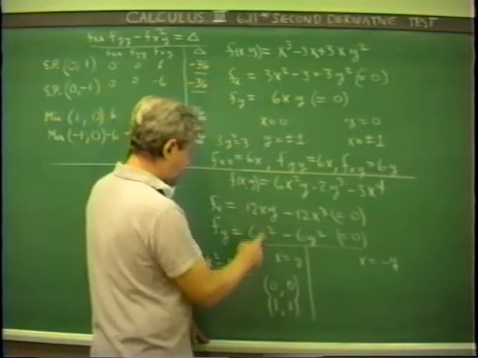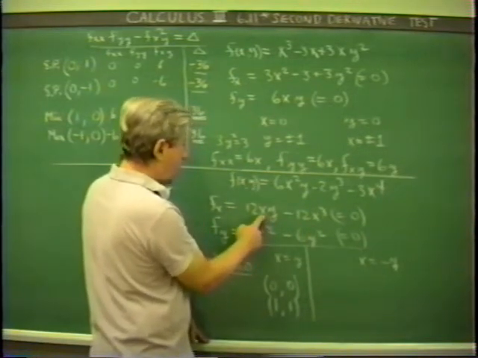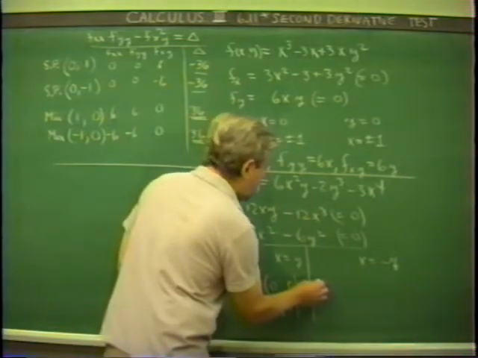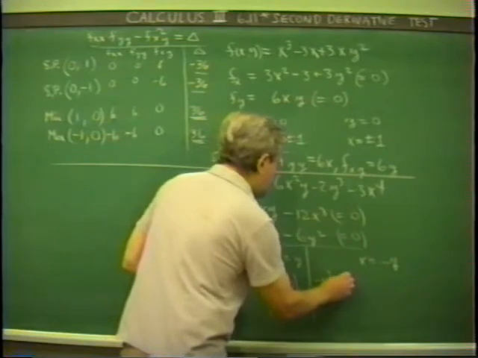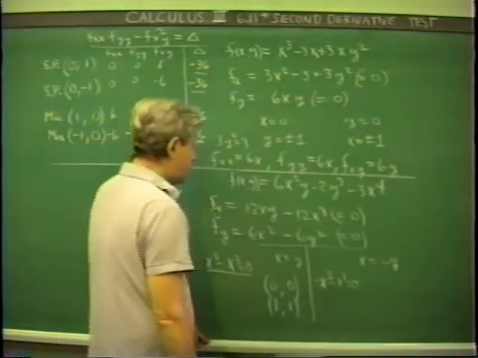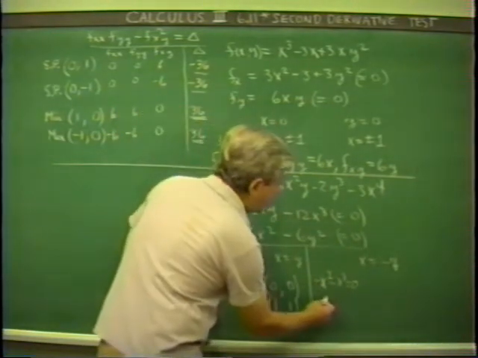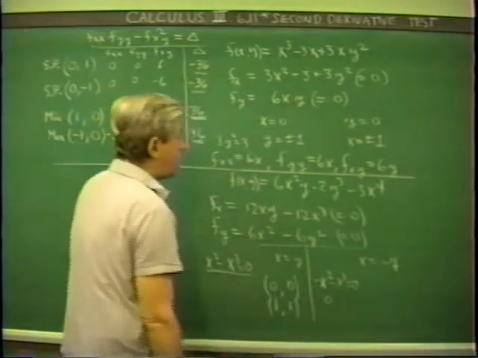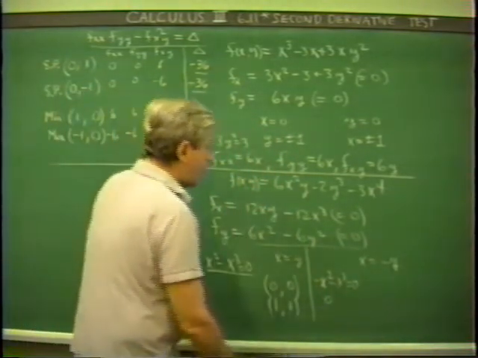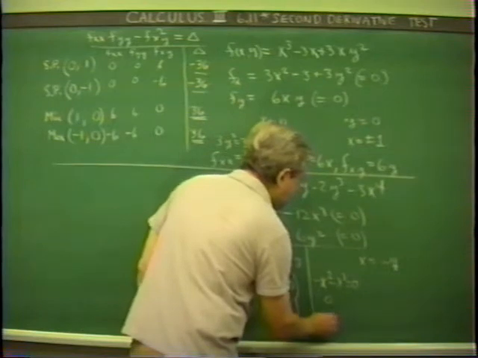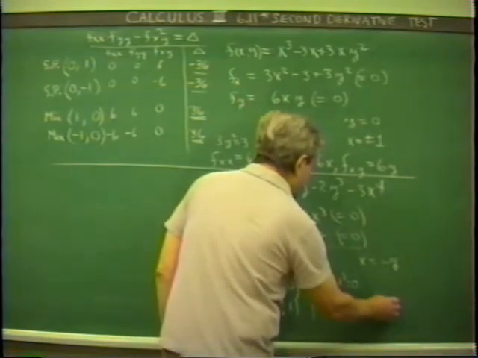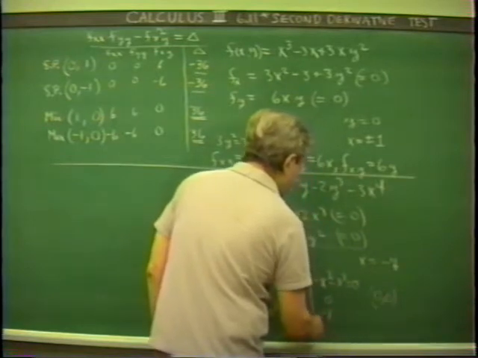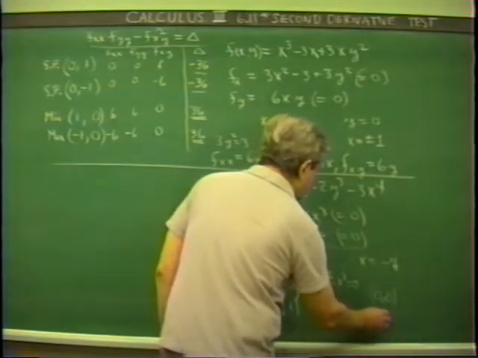When x is equal to minus y, where y is minus x, dividing by 12 and replacing y with minus x here, we get minus x squared minus x cubed is equal to 0. And that can only happen if x is 0, or if x is not 0, dividing by x squared, we get x is equal to minus 1.